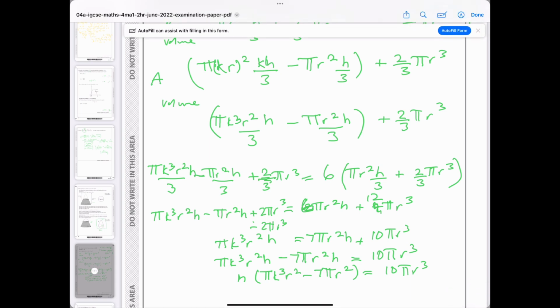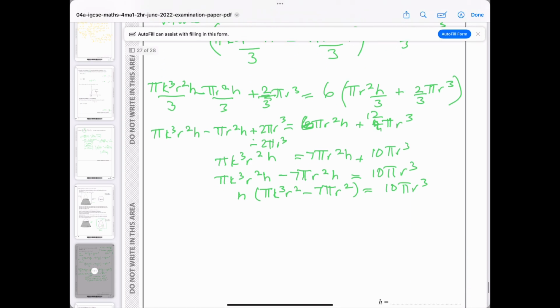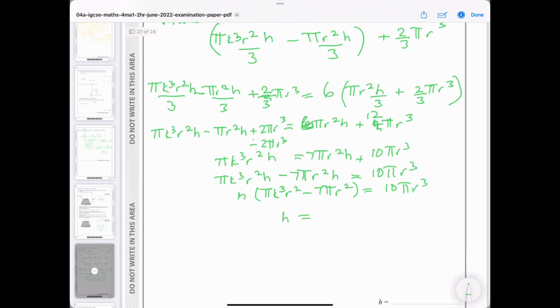And I think at a certain point this is going to start looking a little bit better. So h equals 10 pi r cubed over pi k cubed r squared minus 7 pi r squared.